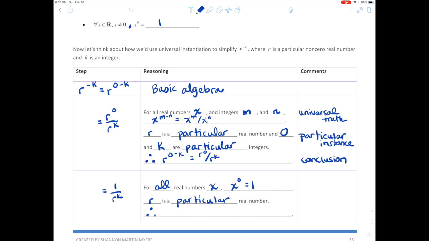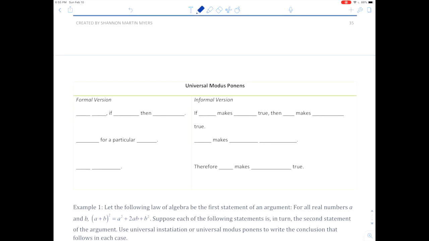Therefore, r to the 0 over r to the k is 1 over r to the k. So the first statement was our universal truth, and then we had our particular instance, and then we have our conclusion. Good so far? Awesome.